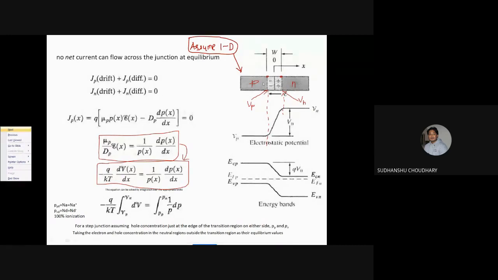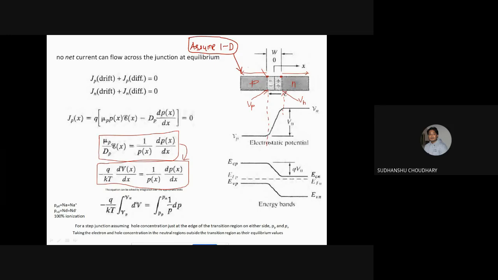Let us say in the entire region from this point to this point, the hole concentration is equal to the equilibrium hole concentration in a p-type semiconductor. Similarly, the electron concentration from here to here is equal to the equilibrium concentration.